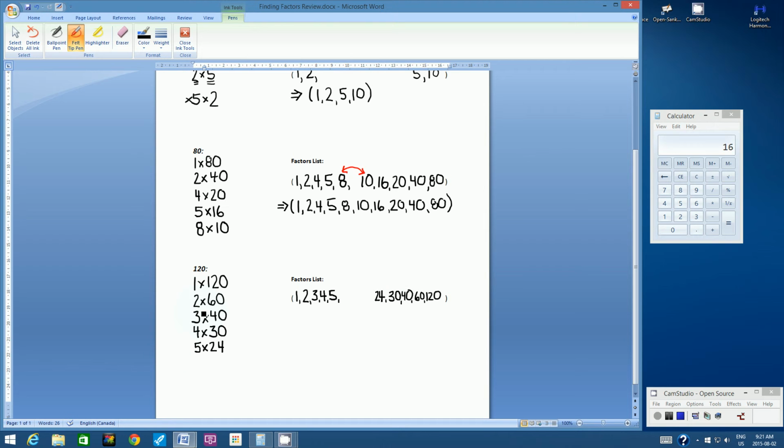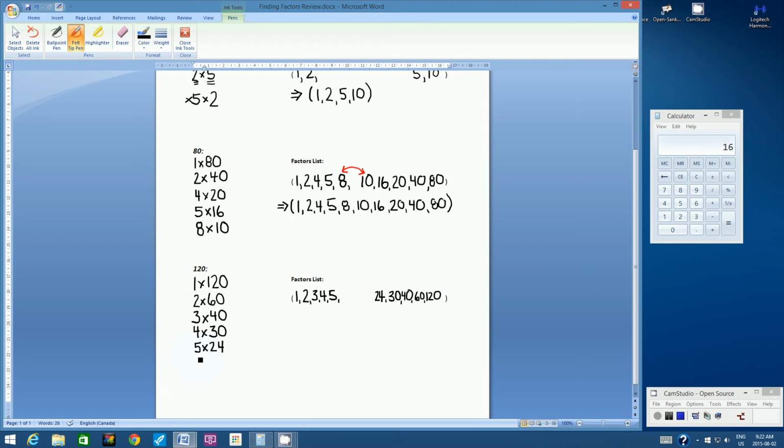So far, I've determined that the numbers 1, 2, 3, 4, and 5 all divide evenly into 120. So when I determine if 6 is a factor of 120, I just look at my list. Now remember, the divisibility rule for 6 is a number is divisible by 6 if it is divisible by 2 and 3. Well, 120 is divisible by both 2 and 3.